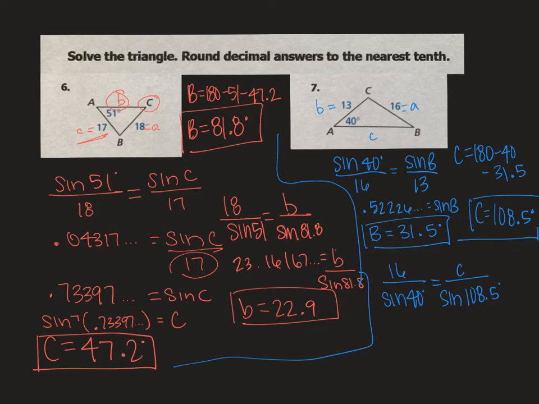So in my calculator, 16 divided by the sine of 40 is about 24.89158123. And then to get C by itself, I'm going to multiply that by the sine of 108.5, which is going to give me the length of side C to be about 23.6.